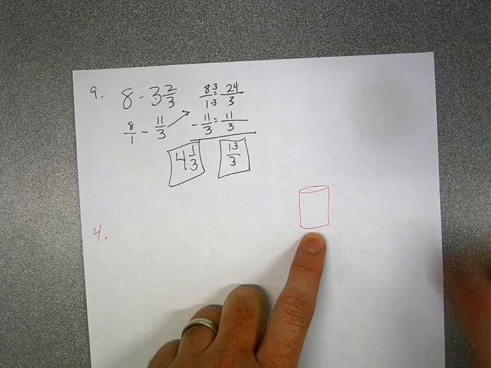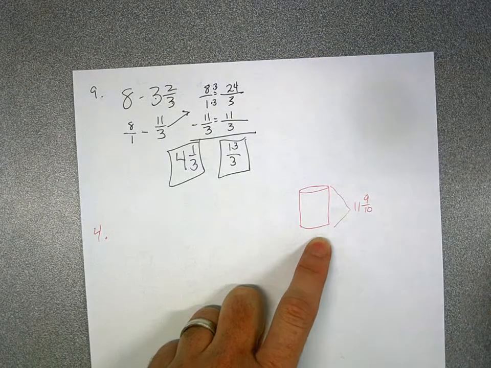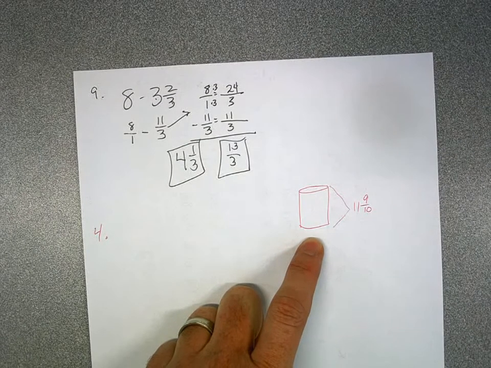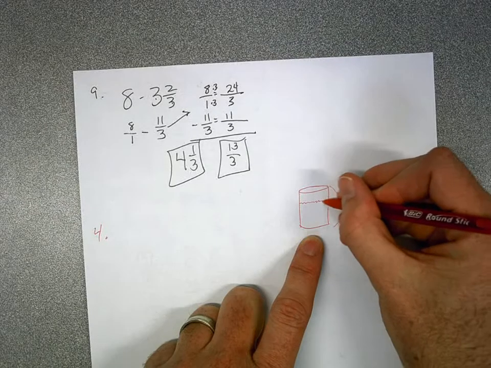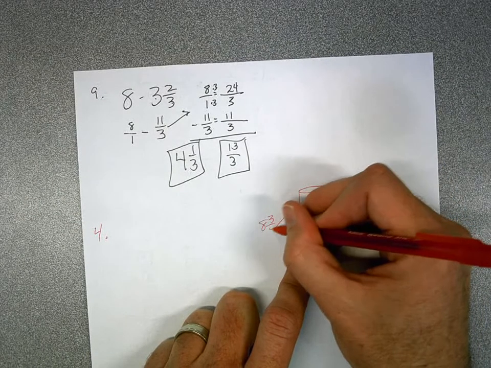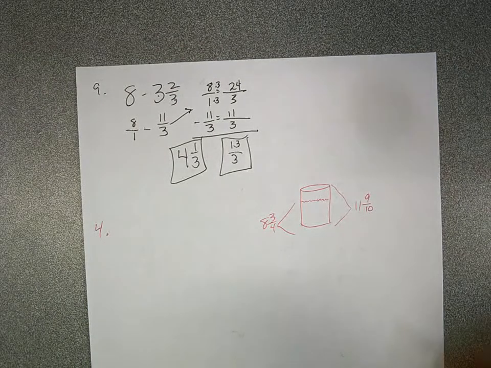So this whole thing is 11 9/10. And then it says it contains, meaning it has 8 3/4 gallons. Let's just say I'll put a little wave in here, like there's the liquid there. It has 8 3/4 gallons. Then it says how much more gasoline is needed to fill the tank. So we've got to find out, of course, what that is.